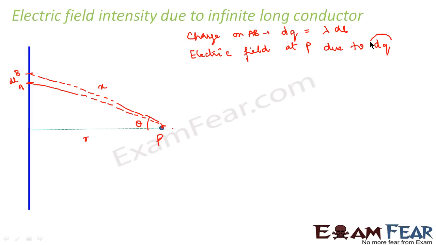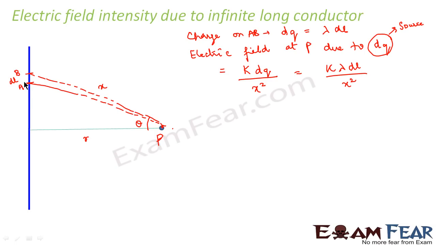So that means dq acts as the source charge here, right? From the definition of electric field, what will be the value? It will be k q by r square. So q is dq, r is x. So this is k lambda dl divided by x square. And what would be the direction of the electric field? Both the charges are positive.